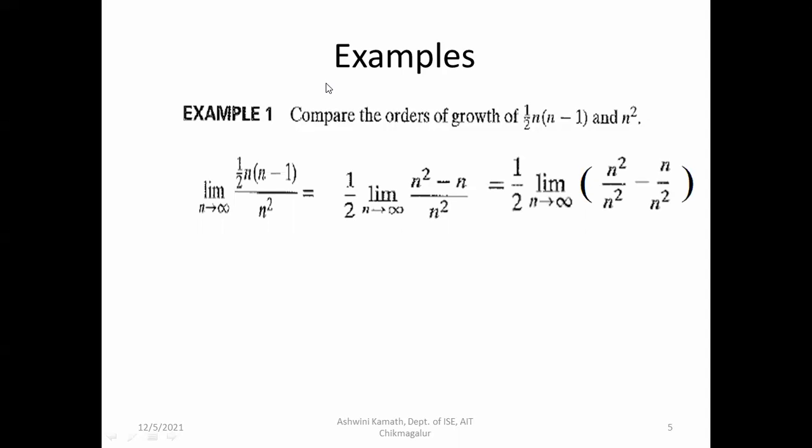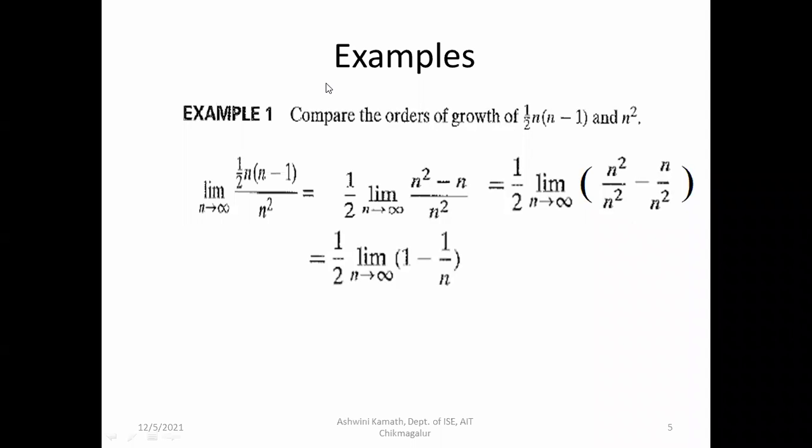Then apply division again. So half into limit n tends to infinity n square divided by n square minus n divided by n square. We have n square minus n in the numerator and n square in the denominator.